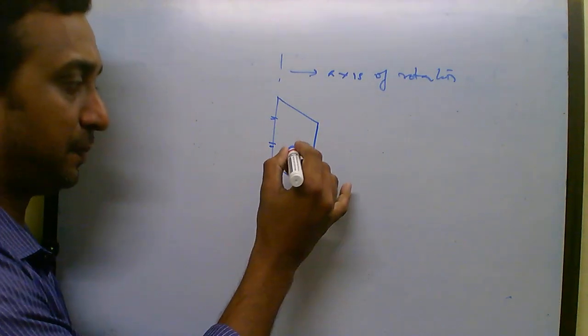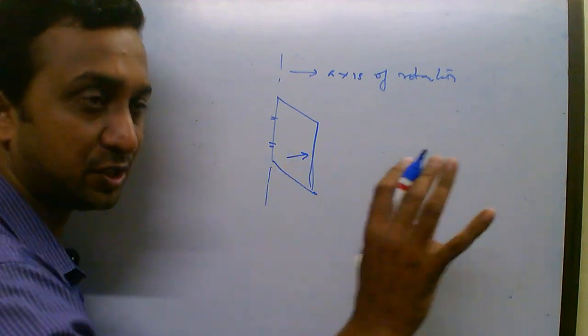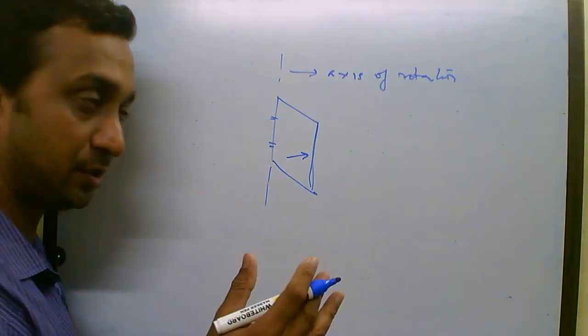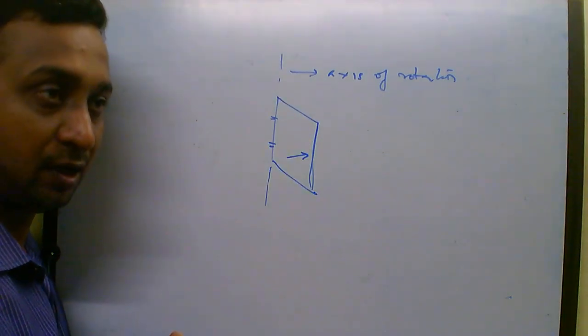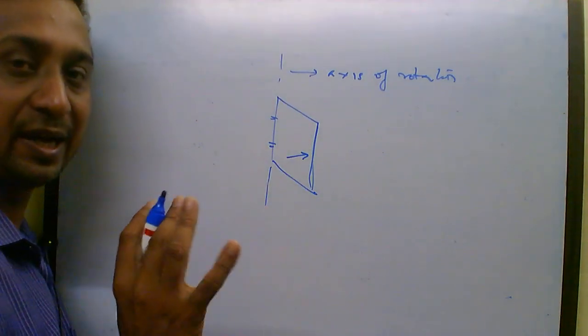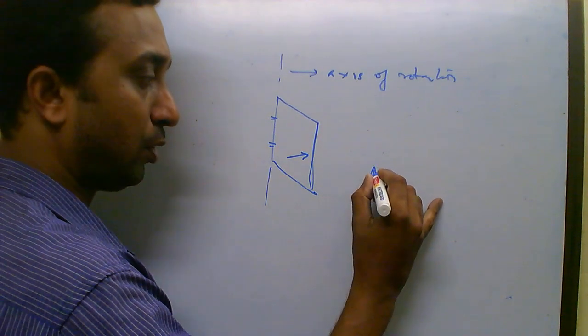Now when you apply a force on this body, instead of having a linear motion, the body has a rotatory motion. It only rotates about that axis. Now your applied force makes a turning effect, and that turning effect is what you mean by moment of force.